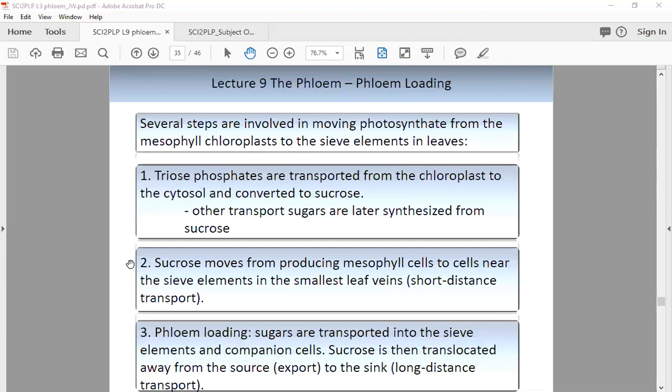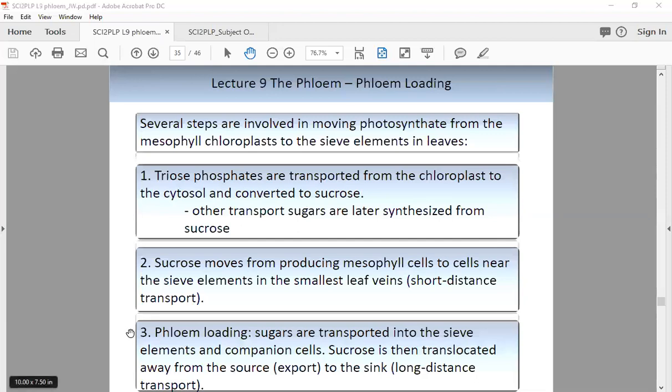Step number 2, sucrose moves from the photosynthetic mesophyll cells to cells near the sieve elements in the smallest leaf veins, and this is referred to as short distance transport. And this short distance transport pathway usually covers a distance of only a few cells. Step number 3, phloem loading.